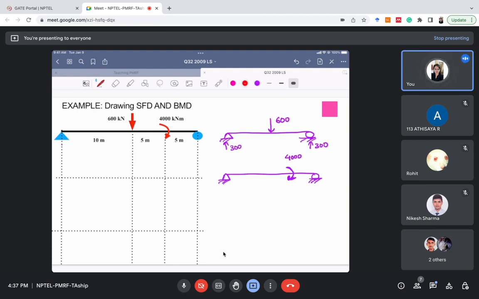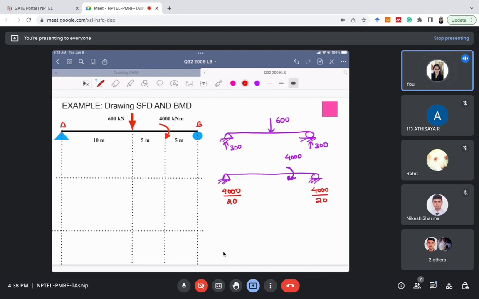The reaction due to this moment will be moment divided by the length of the beam, for both section A and section B. For example, it will be 4000 divided by, what is the length of the beam? 20. Here also it will be 4000 divided by the length of the beam.